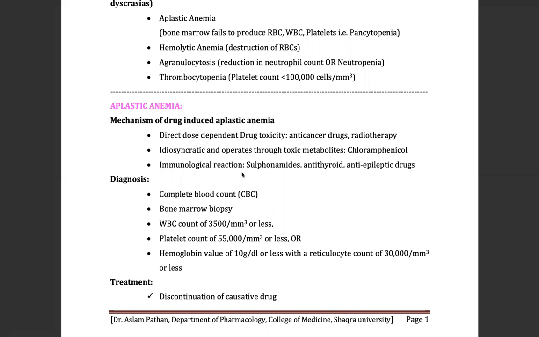An example is chloramphenicol. Chloramphenicol is an antibiotic and generally inhibits protein synthesis in the microorganisms. So, idiosyncratic and operating through toxic metabolites, the most common drug is chloramphenicol, which is generally responsible for aplastic anemia.